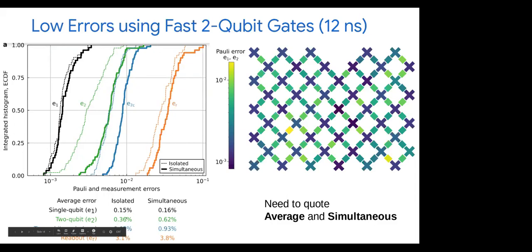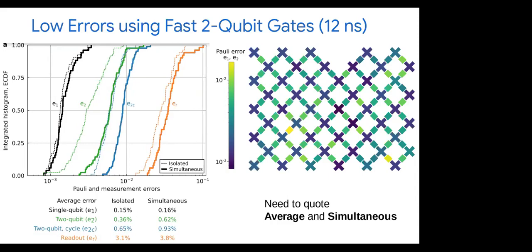For 2 qubit gates, the Pauli error rate that we measure in isolated mode, so that's when we do a 2 qubit gate or a sequence of 2 qubit gates on a pair of qubits, but all the other qubits are in the ground state, is 0.36%. But what is important is the Pauli error rate that you get in simultaneous mode. That means every qubit participates in a 2 qubit gate, but still pairs of qubits don't talk to each other.